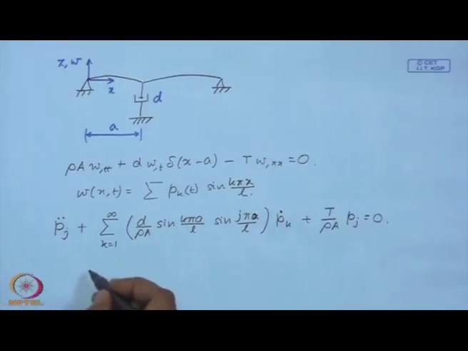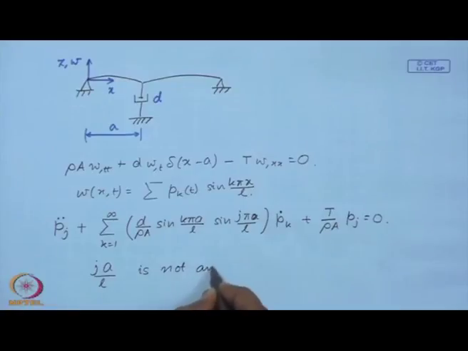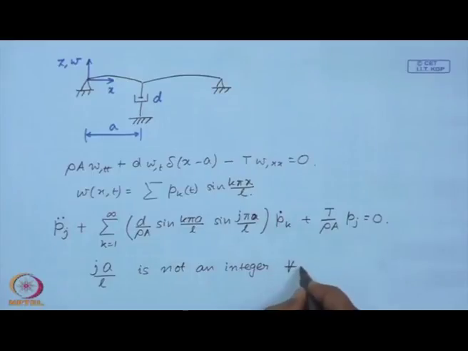Now, if you consider that this j times A over L is not an integer, so if you can adjust this A such that this is not an integer for all j, then you will find that all modes are damped, whereas if this does not happen, then some of the modes will not be damped.